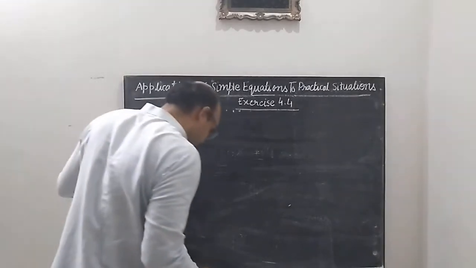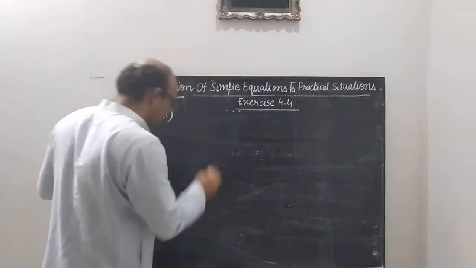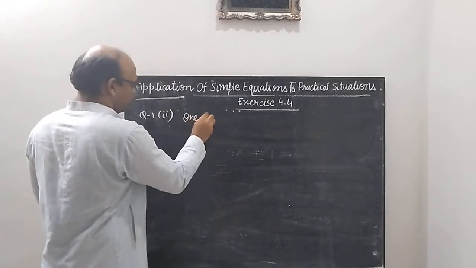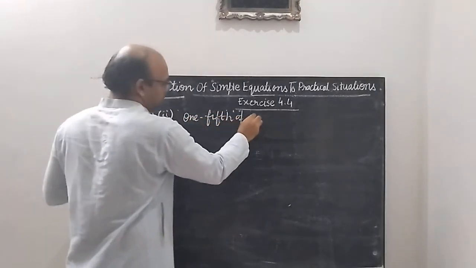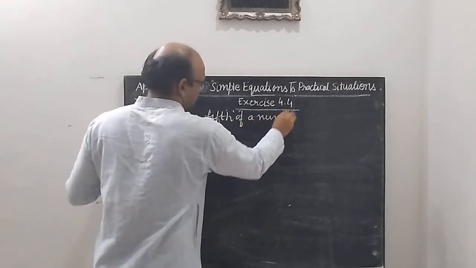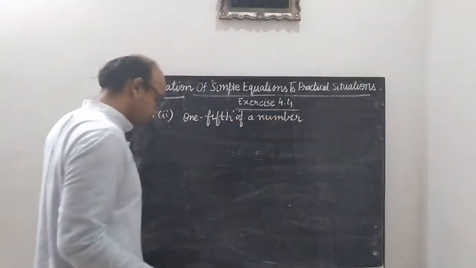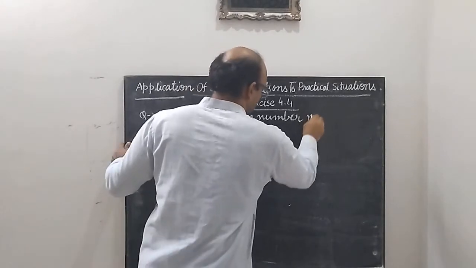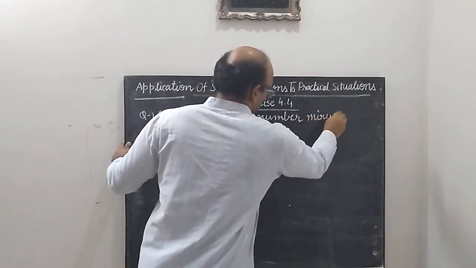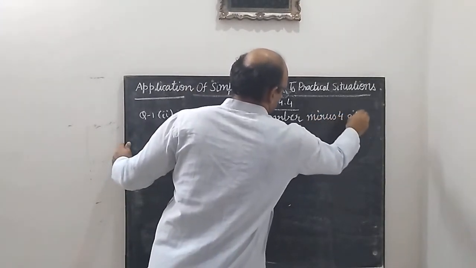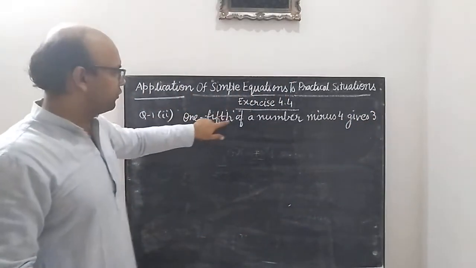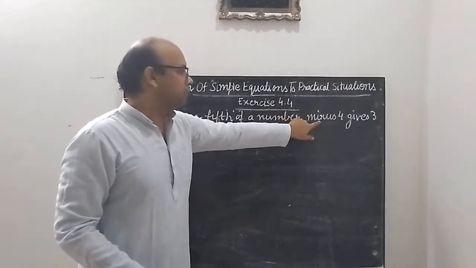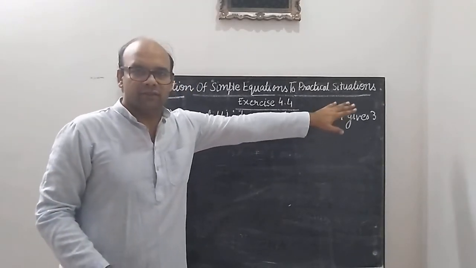The next part says 1/5 of a number minus 4 gives 3.